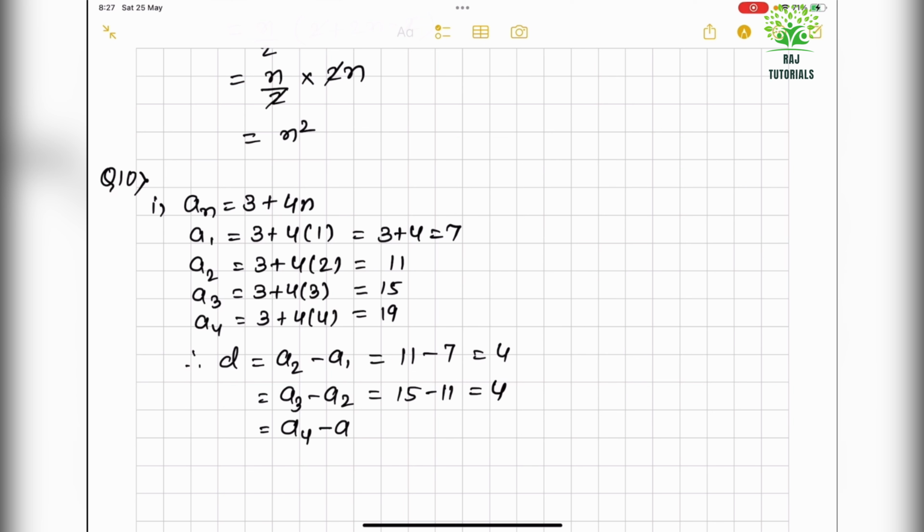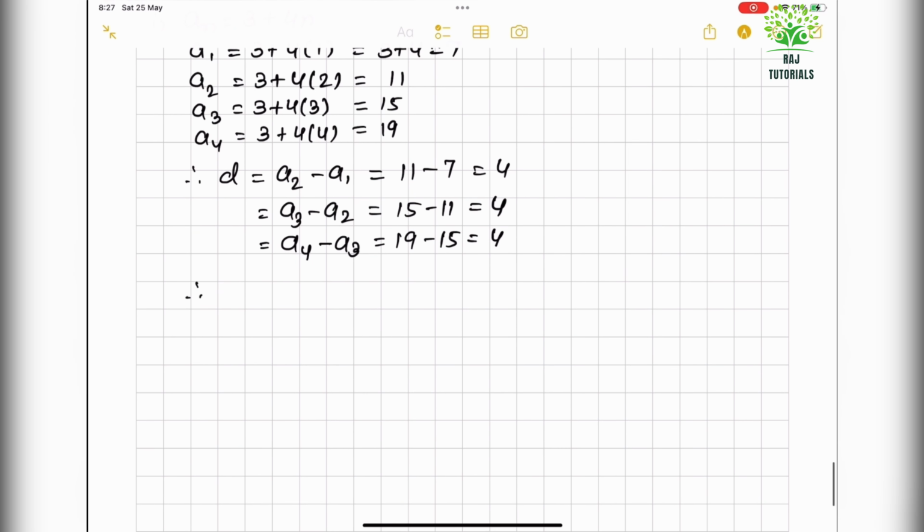A4 minus A3, that is 19 minus 15, that is 4. Therefore, D equal to 4 is common difference with A equal to 7. So it is an AP with A equal to 7 and common difference 4.